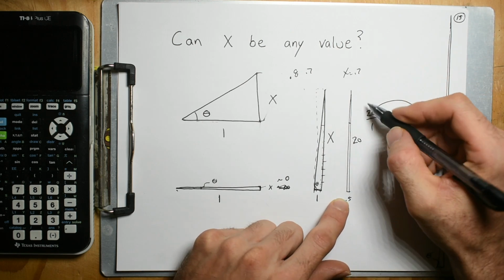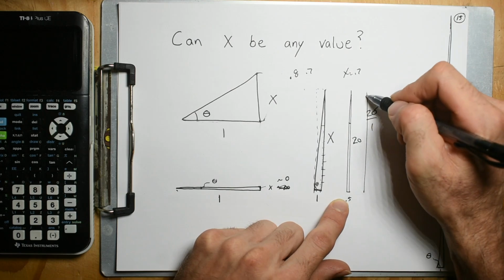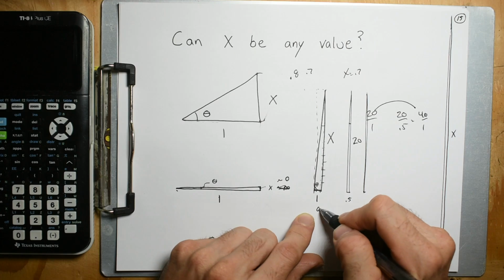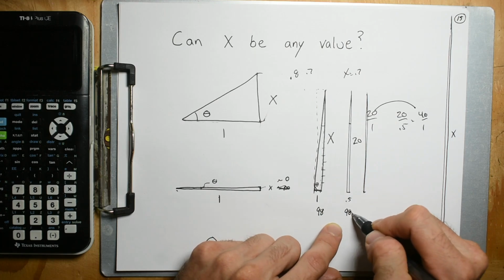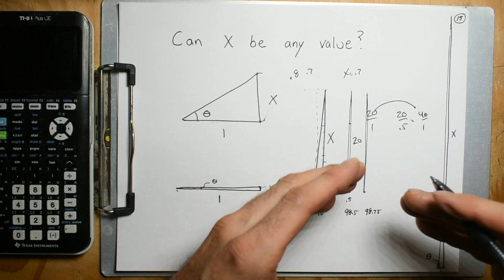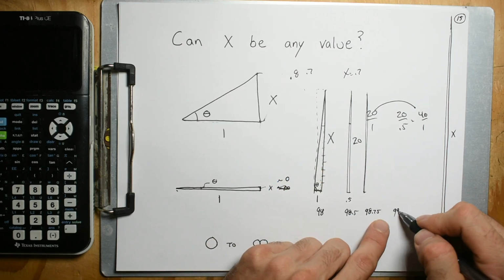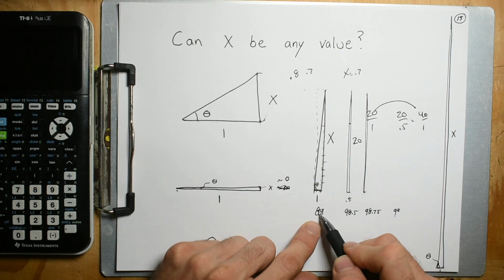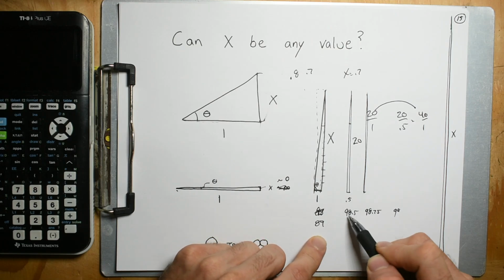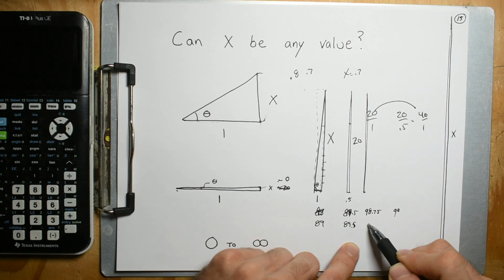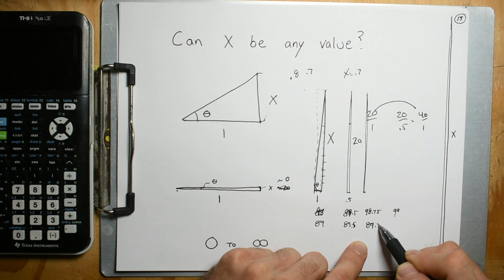Could we half this again? Hell yeah. And so this is where you can start halving this angle, and now maybe this is 89 degrees, 89.5, and then 89.75.